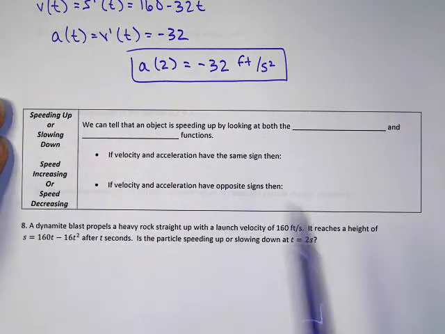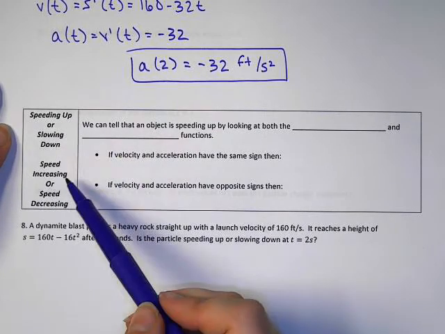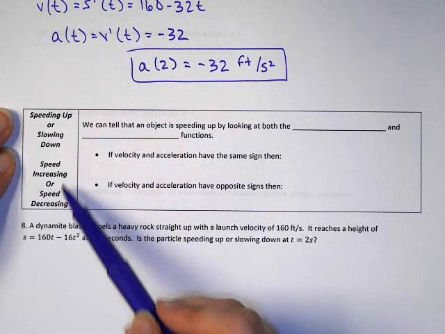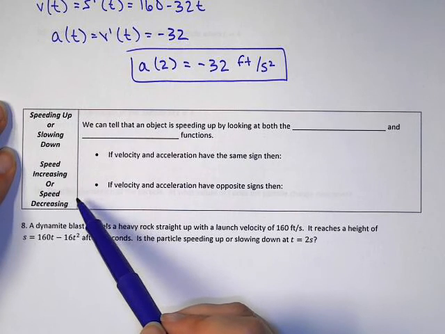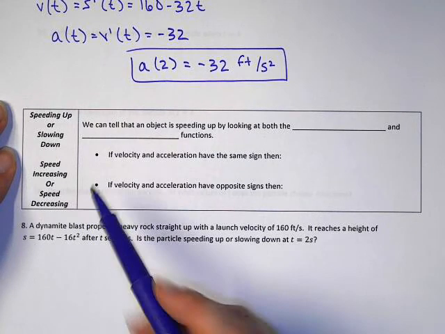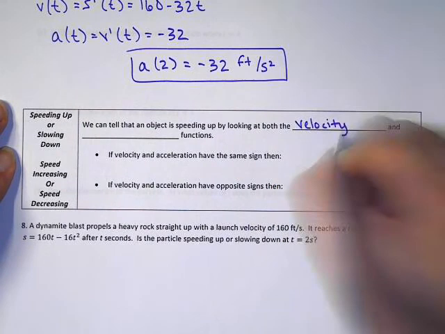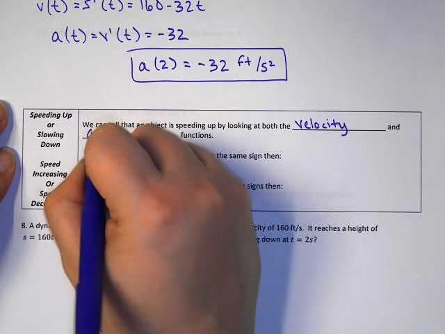When we talk about a function speeding up or slowing down, we can also say that the speed is increasing or speed is decreasing. But in order to do that, we look at both the velocity and acceleration functions.